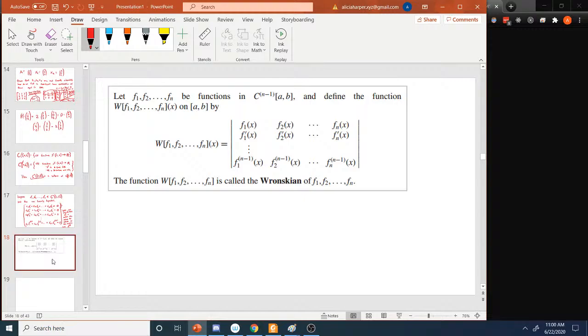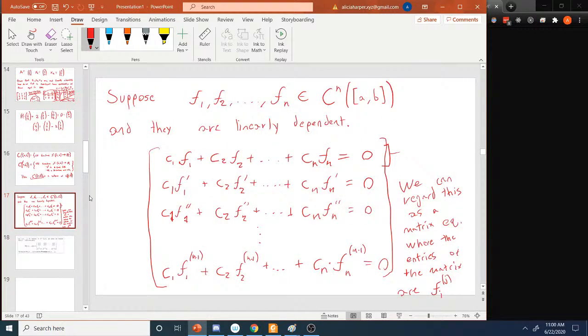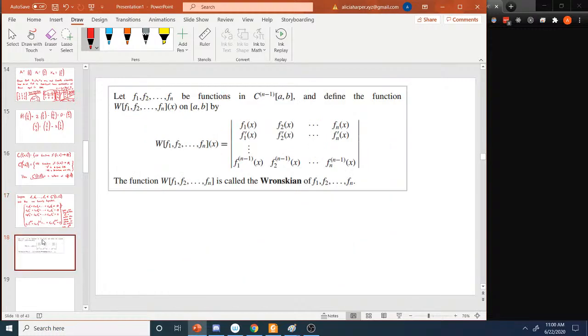If we have n functions in this space, we can define the Wronskian by arranging these entries in a matrix and taking its determinant. The Wronskian is a new function, and it's called the Wronskian of f1 through fn.